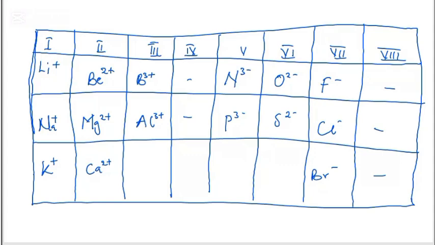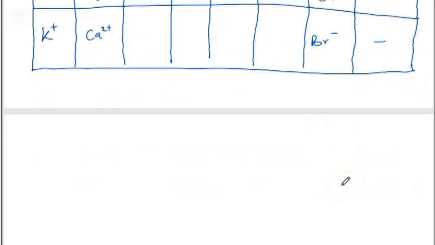So if group 1 wants to form with group 7, what will you have? Let's look at it. Let's work out this table for ourselves.